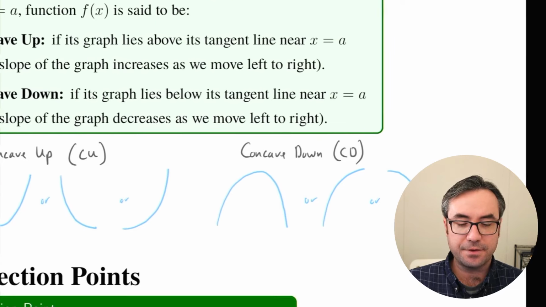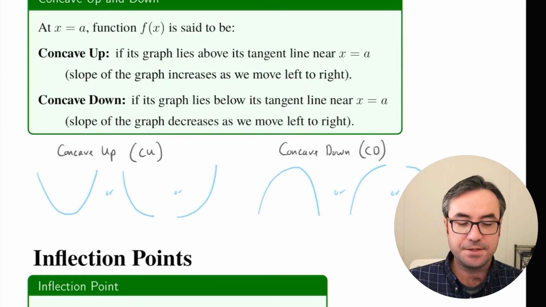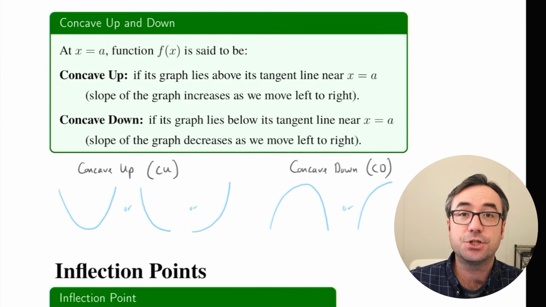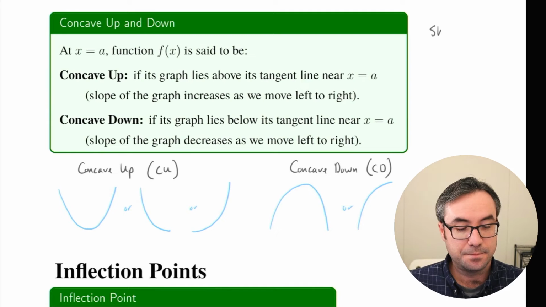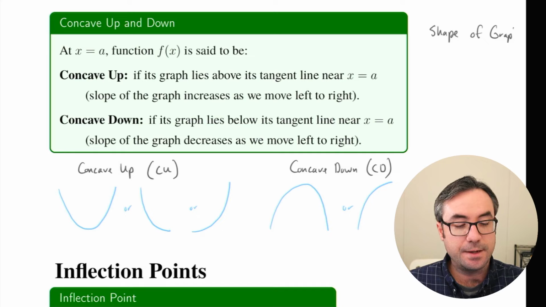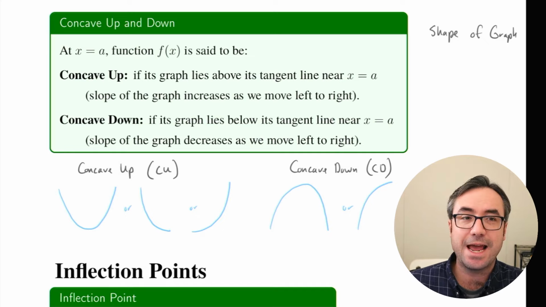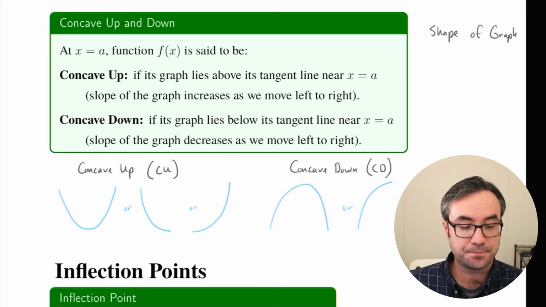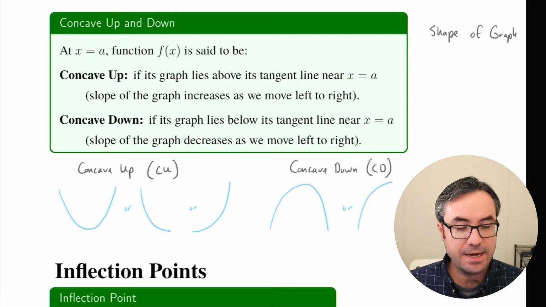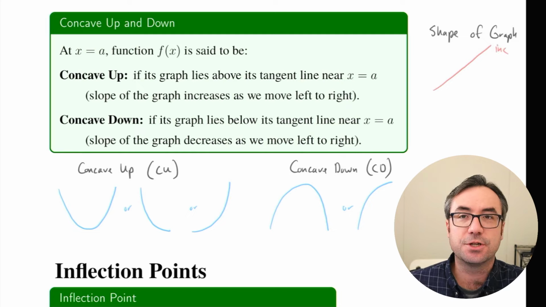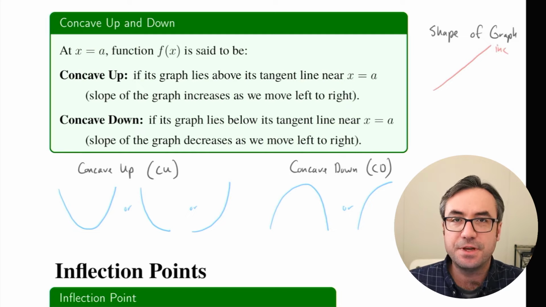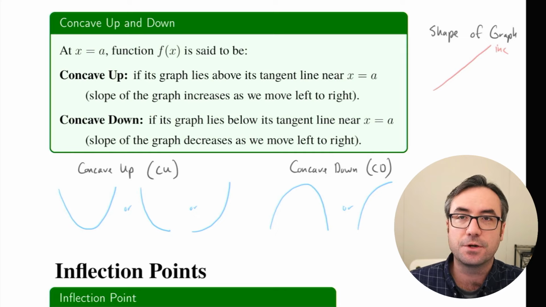And so the way to think of concavity is this really describes the shape of the graph. It describes how the graph of our function actually bends. So if we had an increasing function, so if we had our tangent line, the tangent line kind of gives the general trajectory of where our function's going.